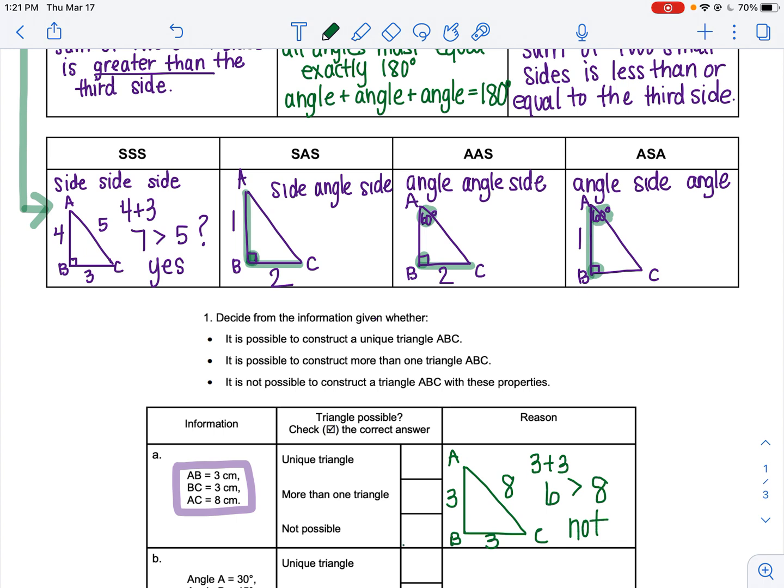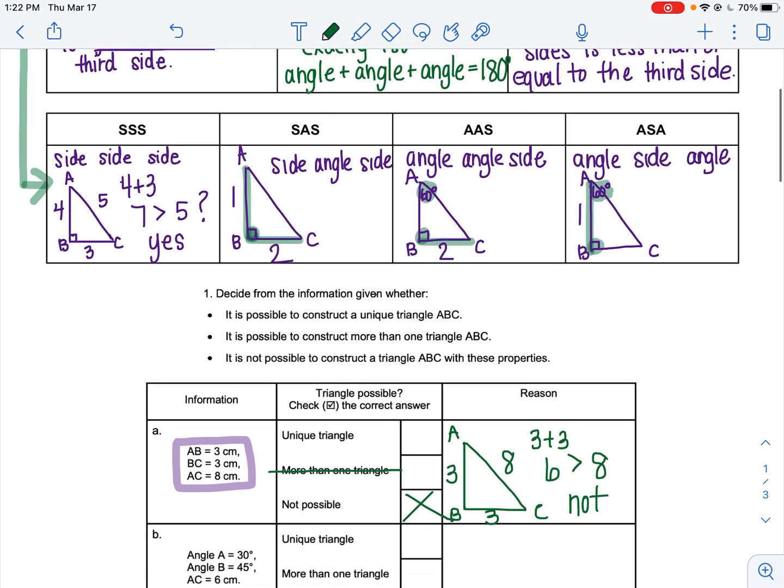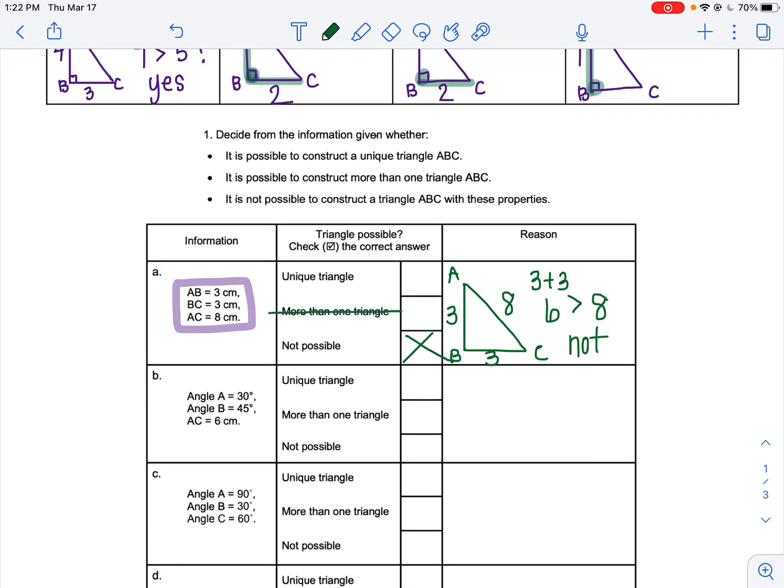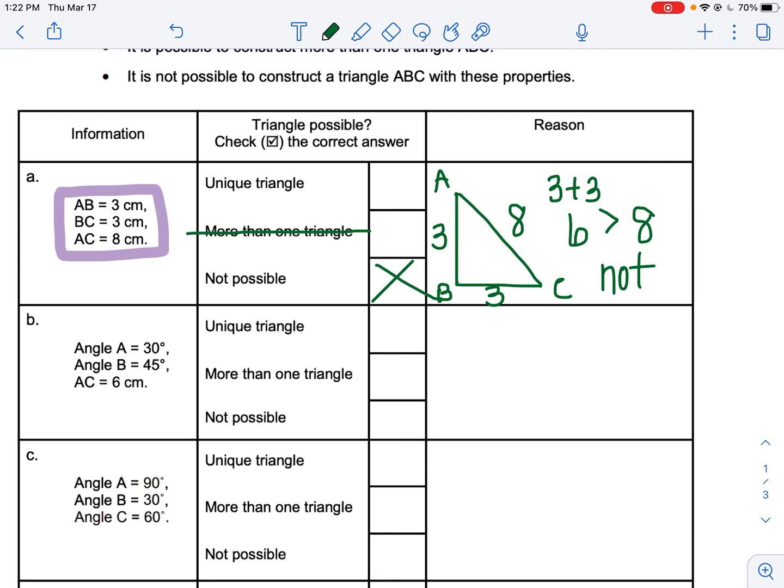Therefore, this answer is it's just not possible to have a unique triangle. In fact, more than one triangle can't even be an answer here because by process of elimination, I'm not given any angle measures, okay?